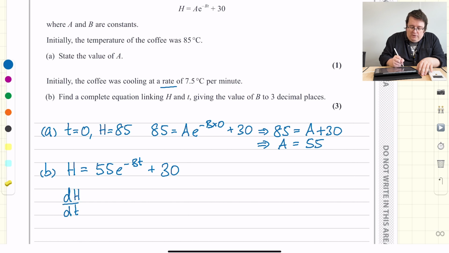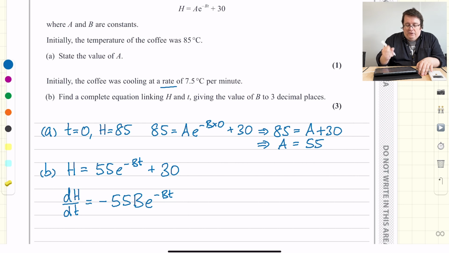So dH by dt is equal to, now differentiating this, we're going to have the coefficient of t come down to the front, so minus b comes to the front, so minus 55b e to the minus bt, and the 30 differentiates to 0.